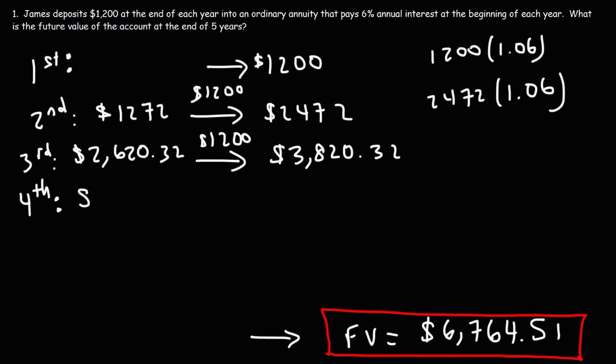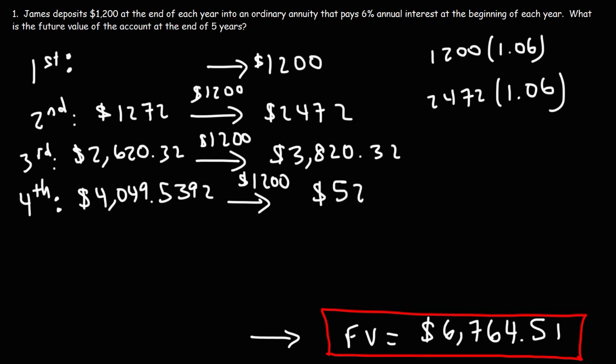So at the beginning of the fourth year, he's going to have $4,049.54 if you round it, but I'm going to write the exact value, 0.5392. Now James is going to make another annual deposit of $1,200. So now at the end of the fourth year, his account value will be $5,249.54 if you round it.